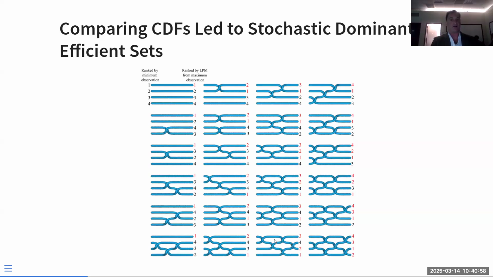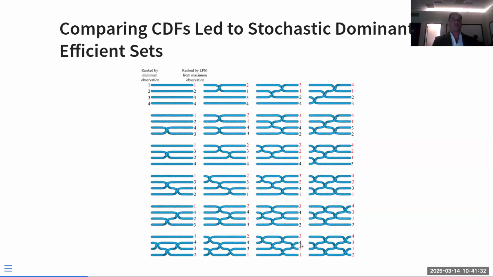So in this one, imagine this was my visualization of it. These were CDFs, and crossing CDFs don't dominate one another. They are in the same set. So you could see here that security 4 is dominated by security 3 and is then not included in the set. Where you show with your mouse, I don't see the pointer. You don't see that? Okay. Right there, third column, final row.